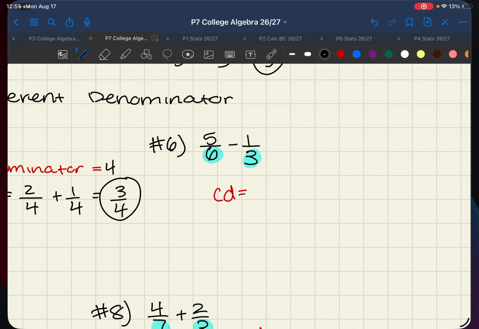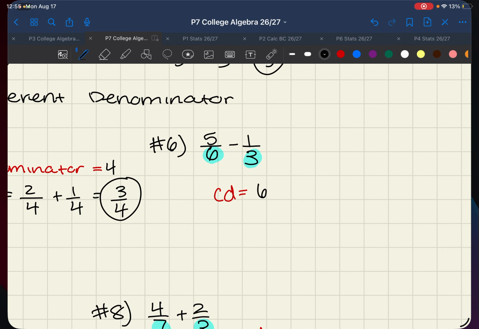Okay, I'm going to do the same thing for the next one. For number 6, I have denominators of 6 and 3. The common denominator is going to be 6. So I have 5/6 minus, and in order to get that 3 to turn into a 6, I'm going to multiply that fraction by 2/2. So bring down the 1/3, and now I have 5/6 minus 2 times 1 is 2, 2 times 3 is 6.